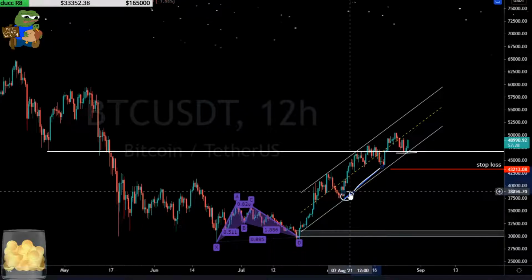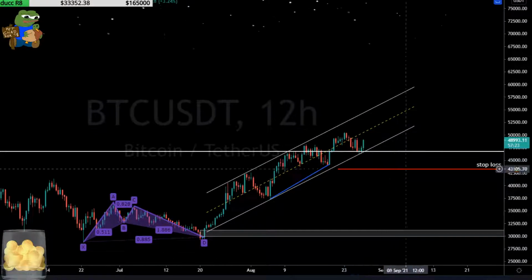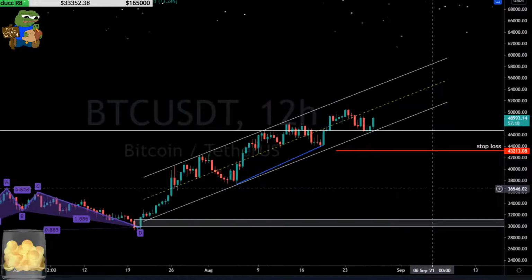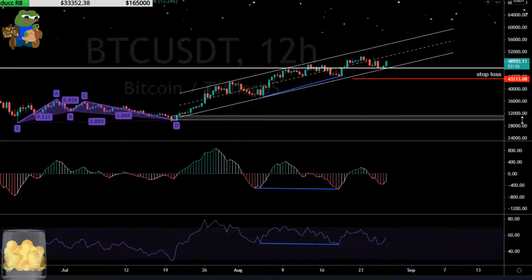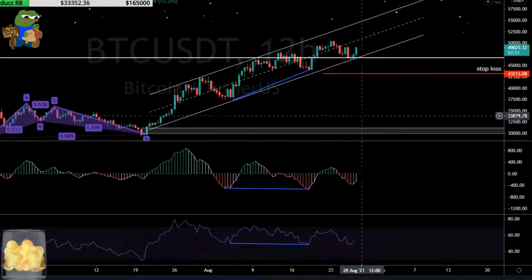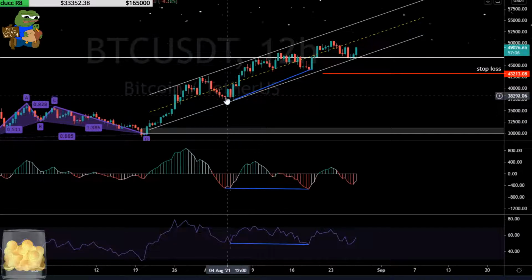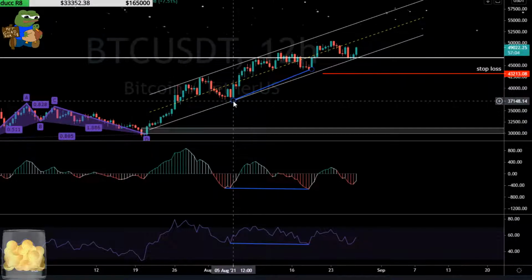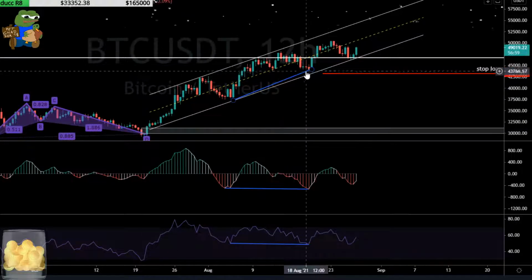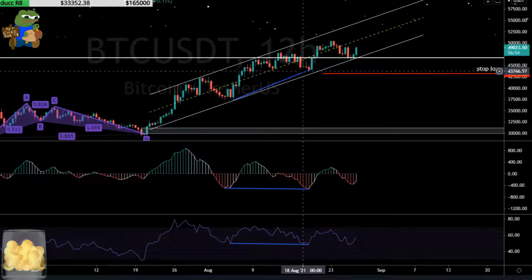So let me clean this up a little bit here, and I will zoom in. Okay, so when we identified this hidden bullish divergence, here's what we were looking at, right? We see these two anchor points, and we had a low on price right here on August the 5th, okay? We had this initial low at 37.7. We then proceeded to make a higher low on August the 19th at 44,250.